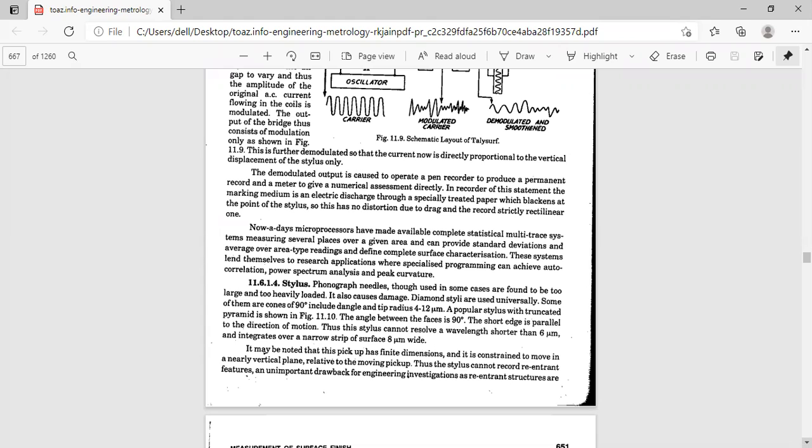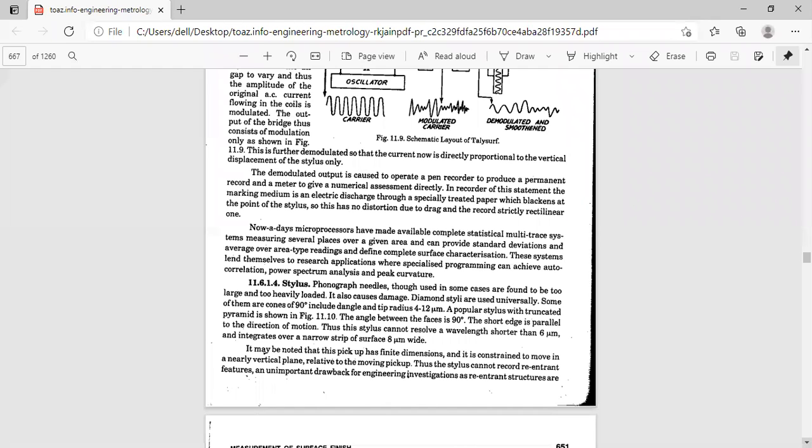Some of these diamond stylus have cones of 90 degrees included angle, and the tip radius is 4 to 12 microns. The minimum radius is 4 and the maximum radius is 12 microns. So we have different styli provided along with the instrument.